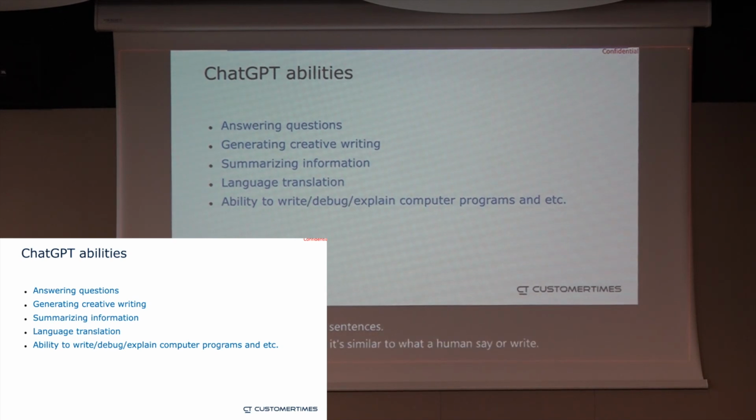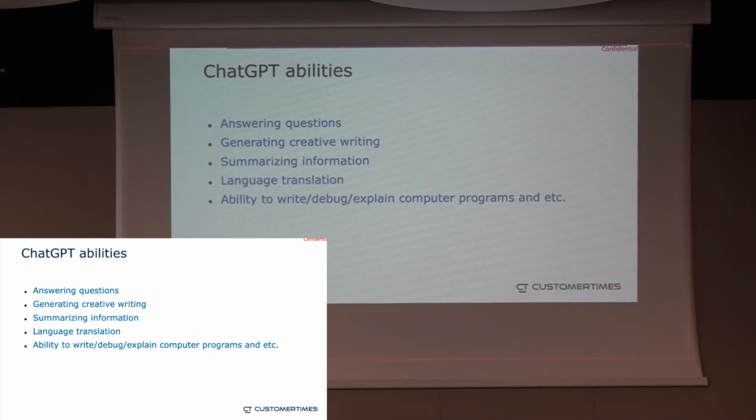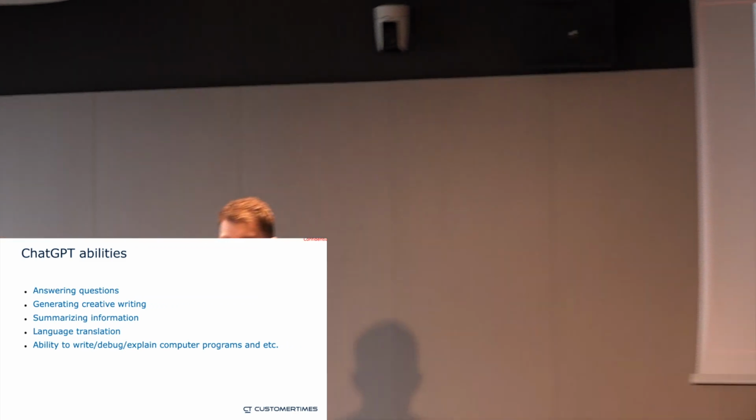This makes it a powerful tool for a wide range of tasks, such as answering questions. ChatGPT can answer questions and provide relevant and appropriate responses. This is useful for things like customer service, where a computer can answer questions instead of a human.